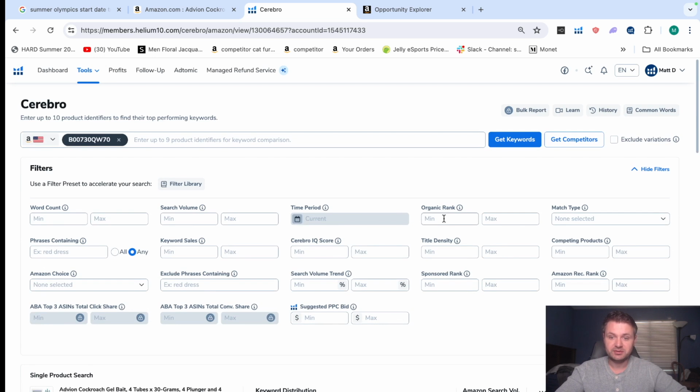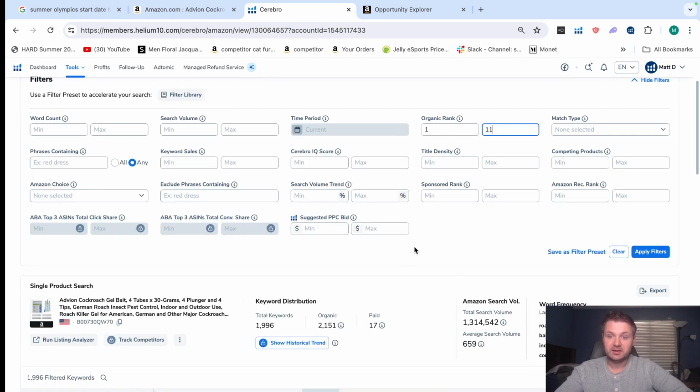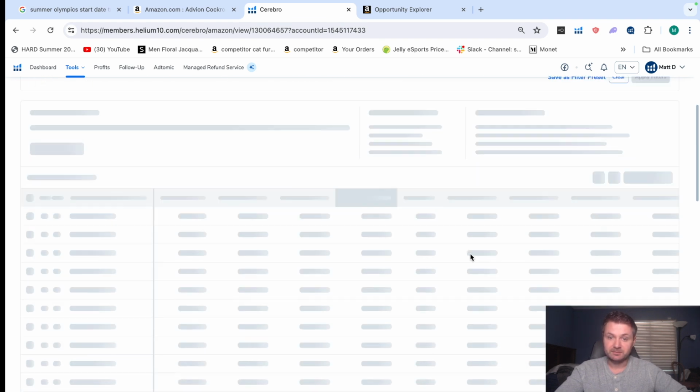So what I want to know is what this ASIN is ranked 1 to 11 organically for. Amazon ranks you based on your sales and how relevant your listing is to those keywords, so I just want to know what they're ranked for organically, 1 to 11.